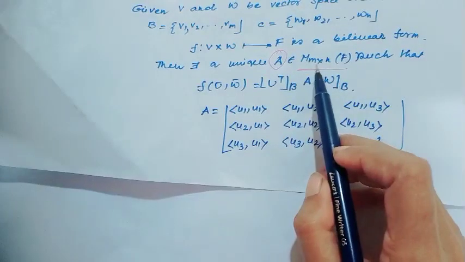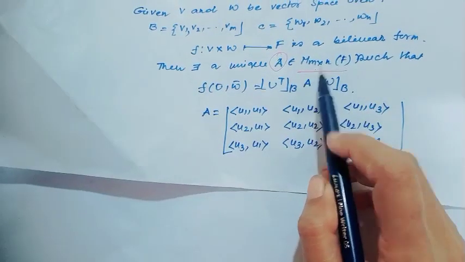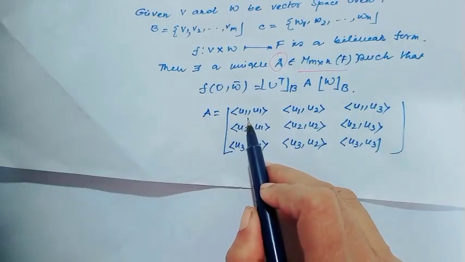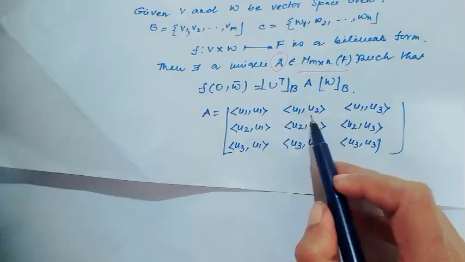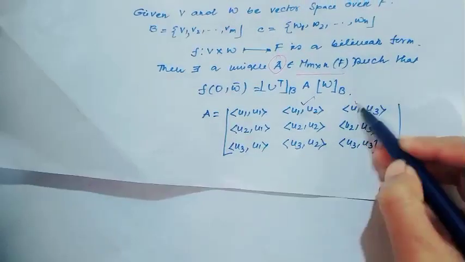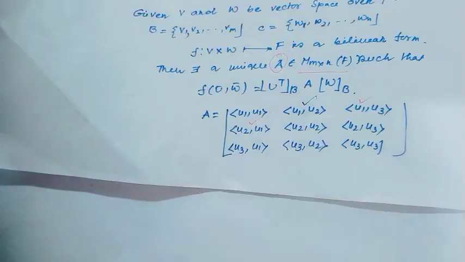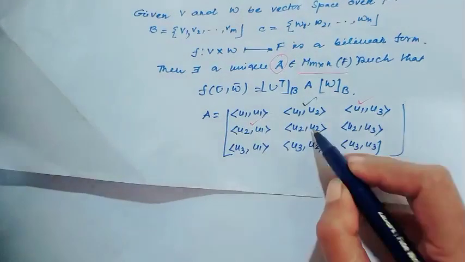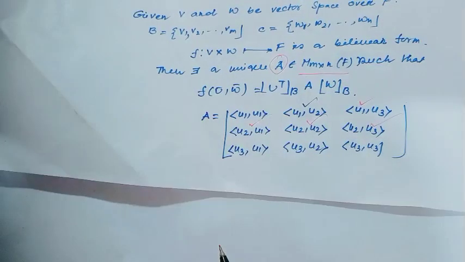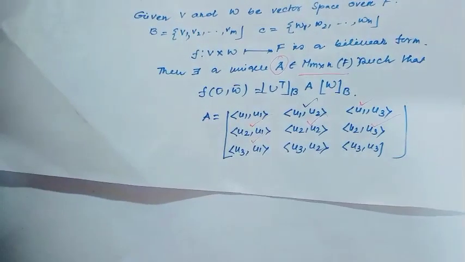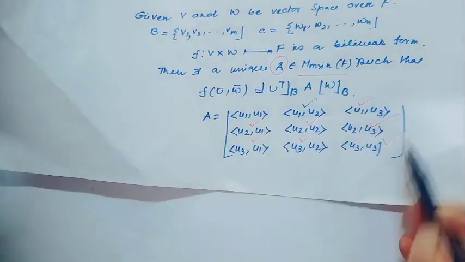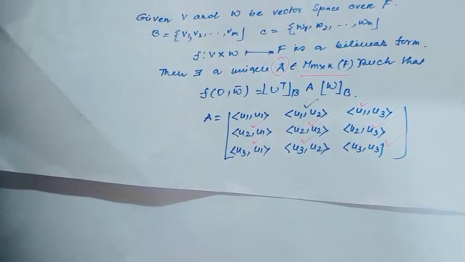And here this A would be of this type: if we consider a 3 cross 3 matrix, then the entries would be inner product U1 comma U1, inner product U1 comma U2, inner product U1 comma U3, inner product U2 comma U1, inner product U2 comma U2, inner product U2 comma U3, inner product U3 comma U1, inner product U3 comma U2, and inner product U3 comma U3.